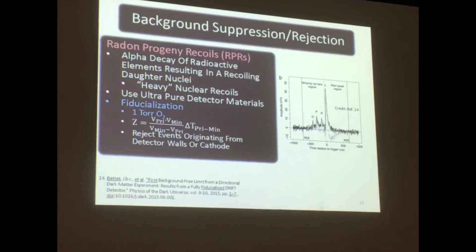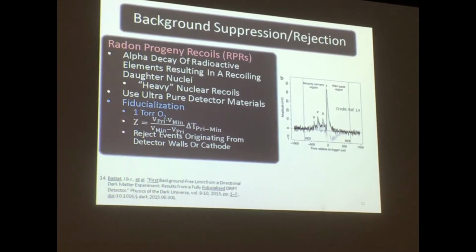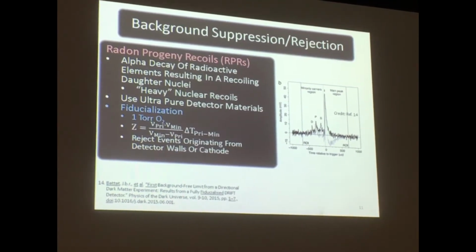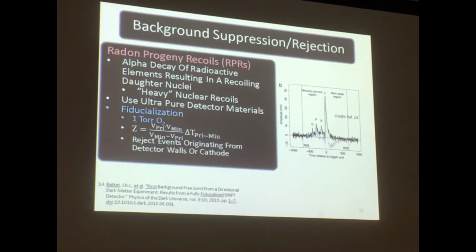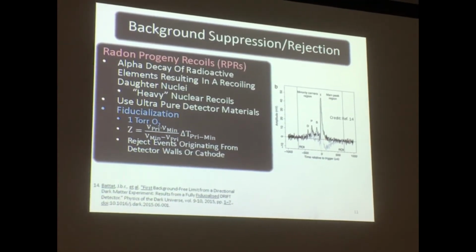The next background I'll talk about is these radon progeny recoils, or RPRs. They come from the alpha decay of radioactive elements, where there's a recoiling daughter nucleus through your gas, so they're like heavy nuclear recoils in your gas.